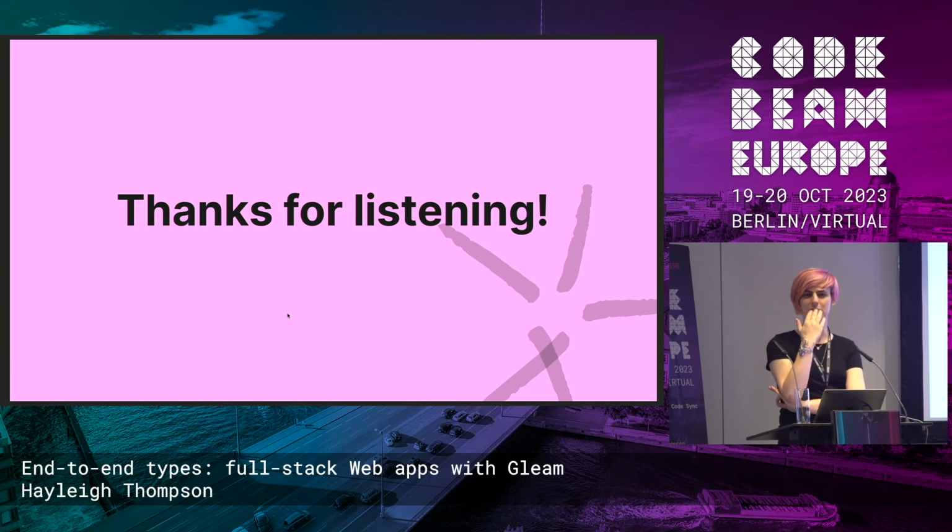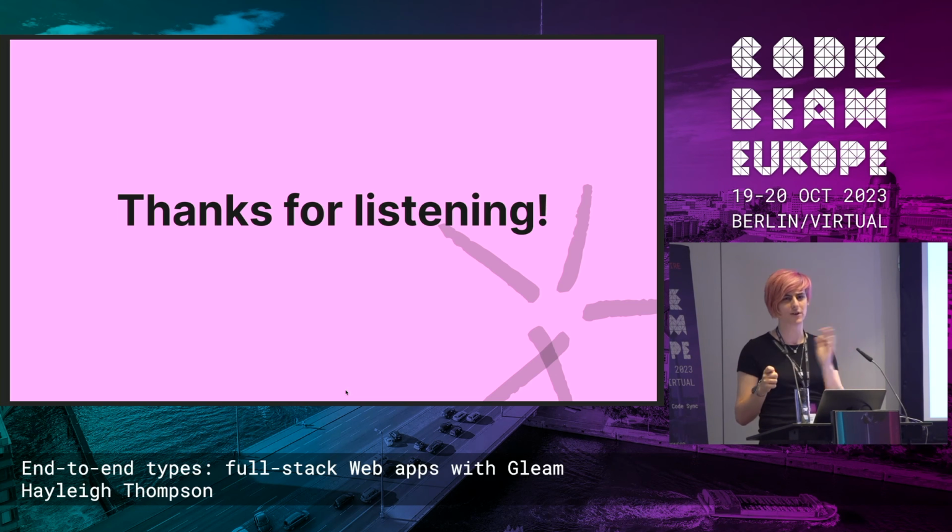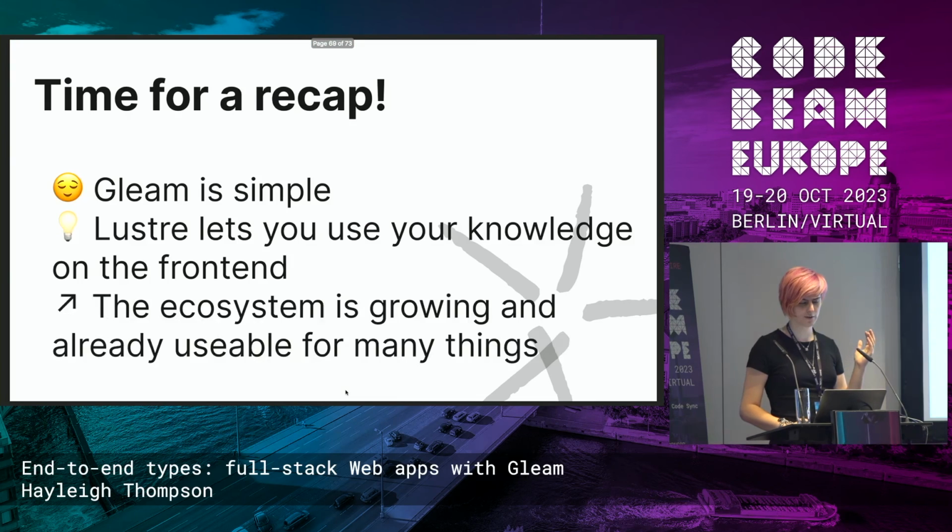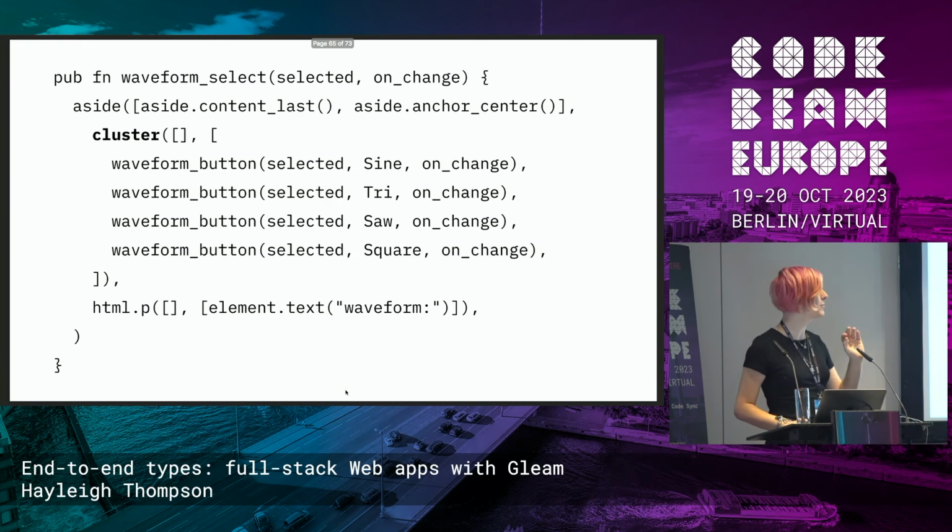The easiest way to think about it is if you imagine a chunk of HTML in your head, the way that you would render that using Lustre is the tags are functions, the attributes are a list of attributes, and then the children is a second list. So you can write arbitrary attributes, you can have arbitrary children. It's all very nice.